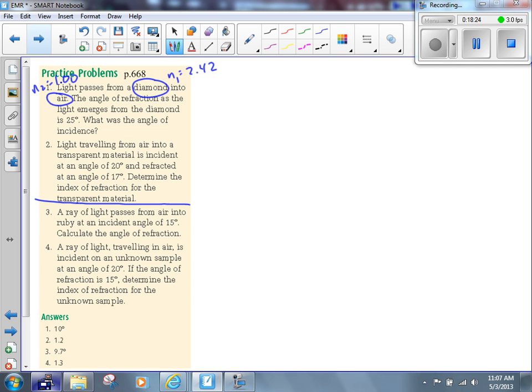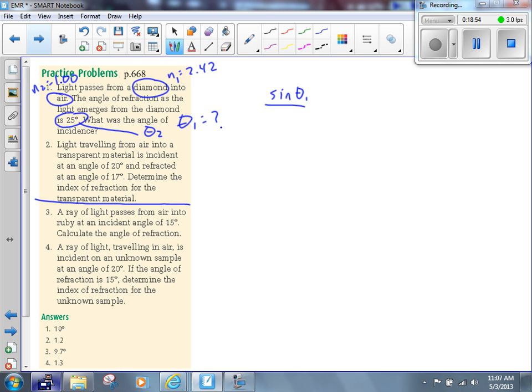I'm using 1.00 because your Physics 30 diploma exam data sheet says 1.00. So we're just going to be consistent with that. We may get a slightly different answer than what appears here, but I think it's probably going to round to the same thing. And 1 coming from diamond and 2 going to air. The angle of refraction, we're going to call that theta 2, is 25 degrees, and we want to find theta 1.